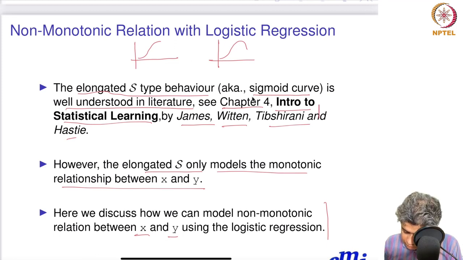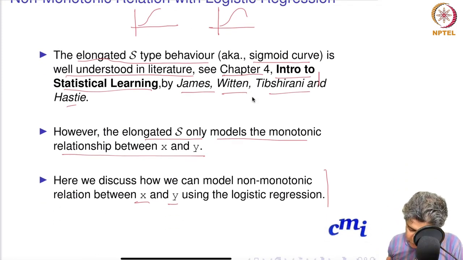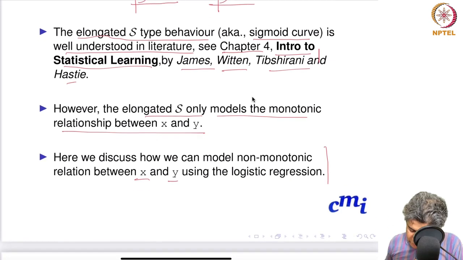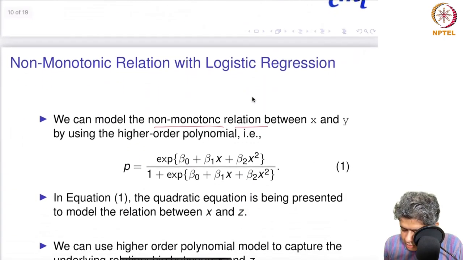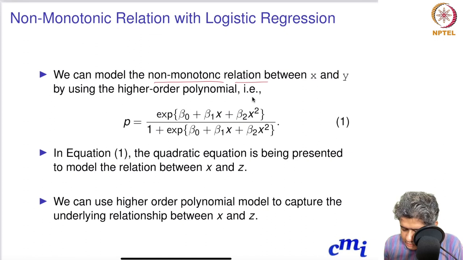So if you just use a simple logistic regression, it will only model the monotonic relationship between X and Y. Now we will discuss how we can model the non-monotonic relationship between X and Y. We can do it by using a higher order polynomial.